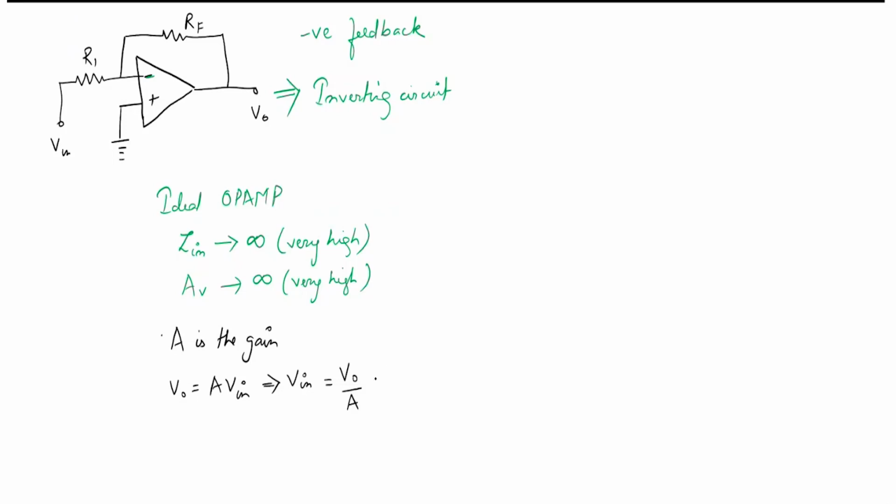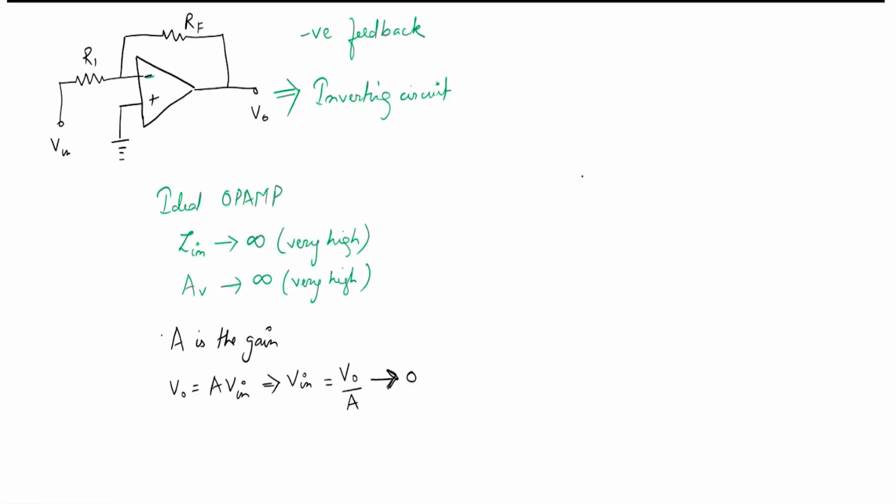Since the gain is very high, the input will also tend to 0. Since the denominator is very high, the whole quantity will tend to 0. It will be very small. Now, here comes the interesting part.